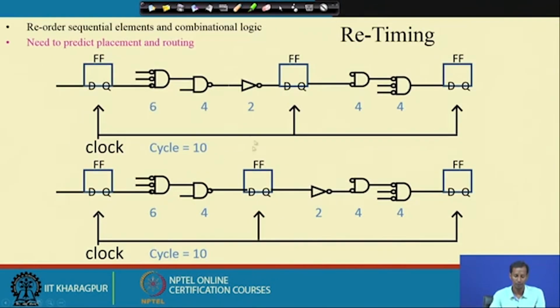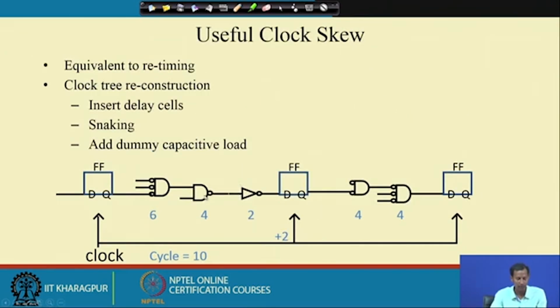So, in the previous case we used retiming, reordering or changing the position of the flip flop, making the delay on both sides the same, which is 10. In this particular case, we intentionally added a clock skew of 2 units of time to make the clock cycle 10 units of time.